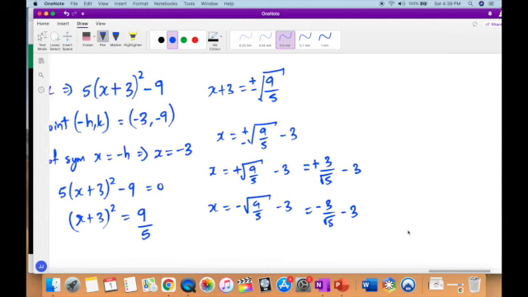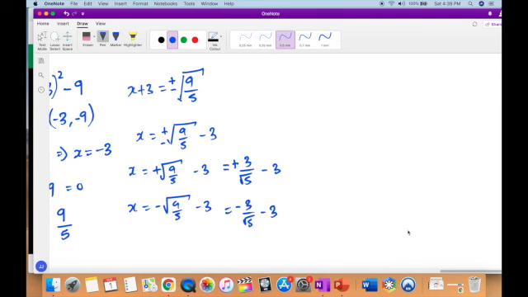And if you want, you could work out the decimals. 3 divided by the root of 5 minus 3 is going to be negative 1.6.